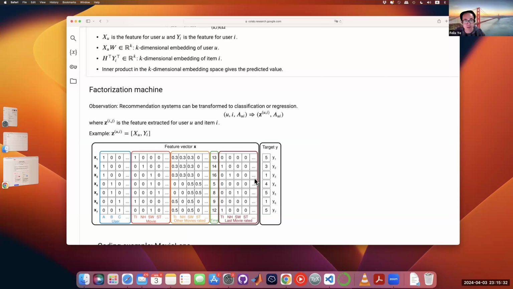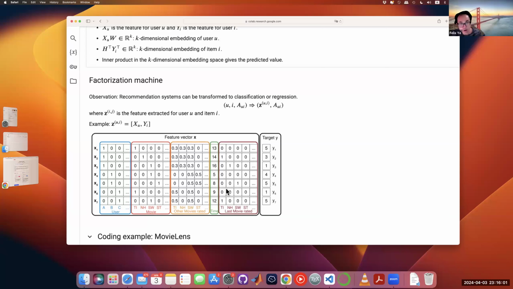So this is a very interesting way that you can turn a recommendation system into a regression problem. I'm not going to go into this in depth. There are multiple algorithms and multiple packages that can help you turn these problems into regression problems.